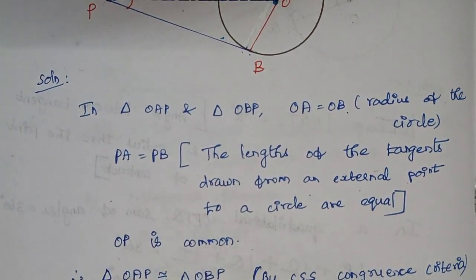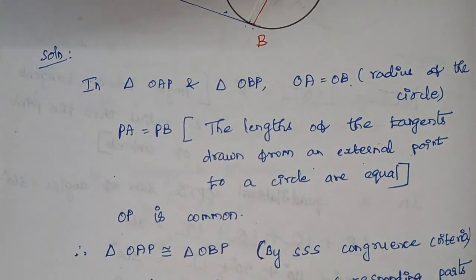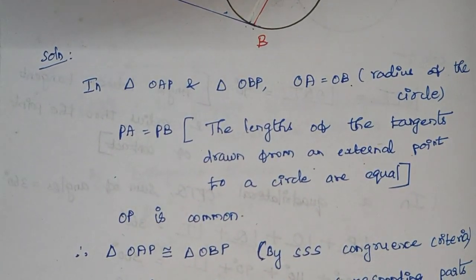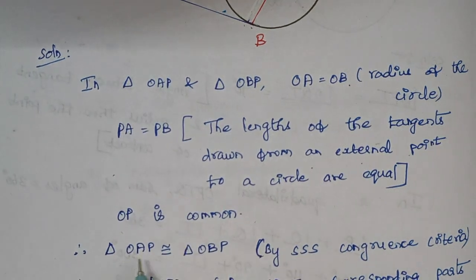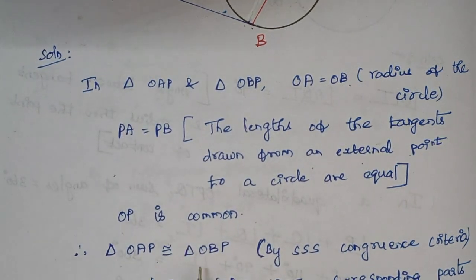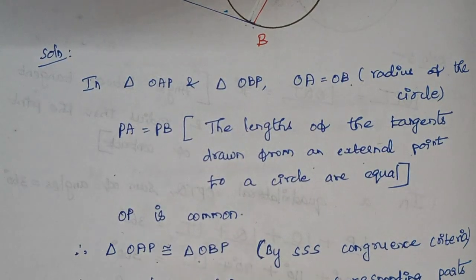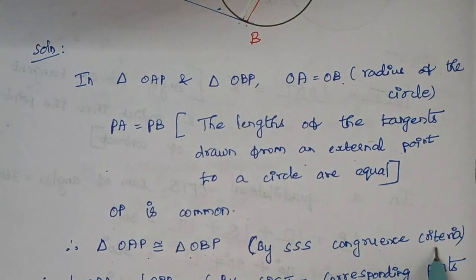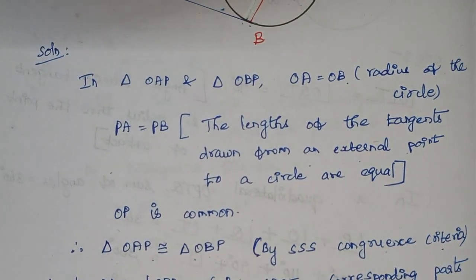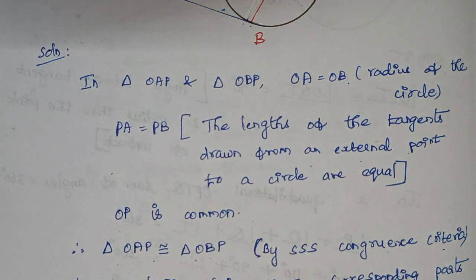So just make a note of it: OP is common. So all three sides of one triangle are equal to the three sides of the other triangle. So triangle OAP is congruent to triangle OBP, by the SSS congruence criterion, because all three sides of one triangle match the three sides of the other triangle.